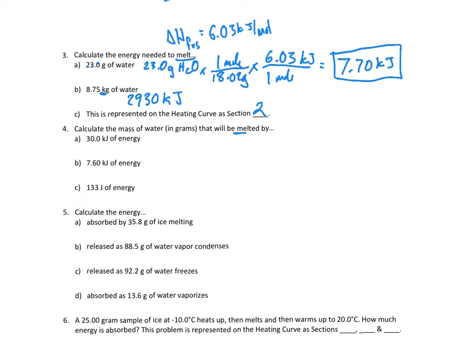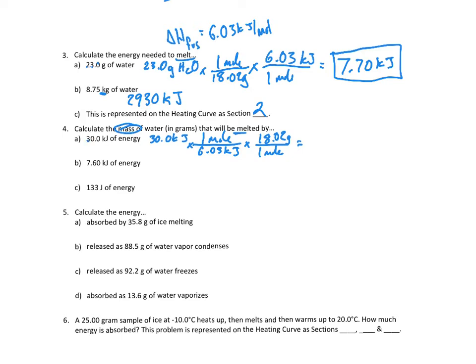So I'm going to start with the 30.0 kilojoules. If I start with kilojoules, I have to divide by the kilojoules. Have my 1 mole in the numerator. And it wants to know the mass in grams, so I have to use my molar mass in the last step, 18.02 grams.